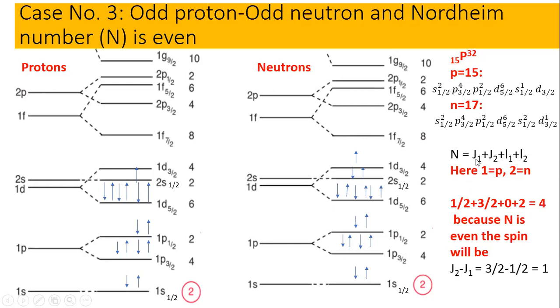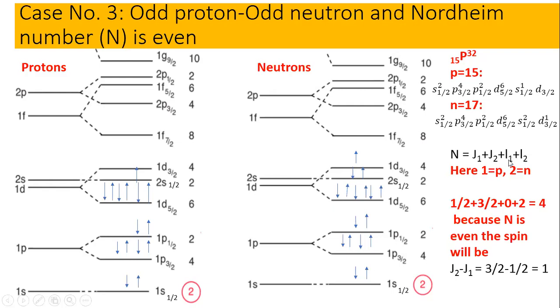J1 is the total angular momentum for the proton, and it is 1/2 because it is present in S 1/2. So the total angular momentum for this proton is 1/2. For J2, for the neutron, this unpaired neutron is present in 3/2, so the value of J2 is 3/2.